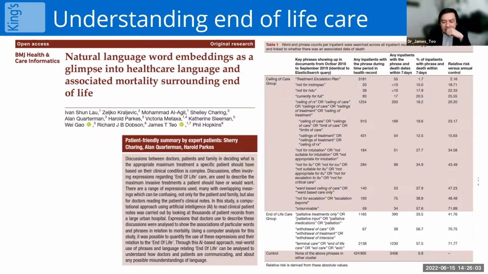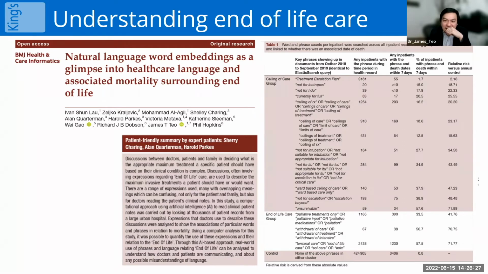And this obviously is a sensitive area, and we had expert patients heavily involved throughout this conversation, and they were actually authors as well in the paper. And as you can see, these are what we would call ecologically valid phrases. These are not what is decided by a Royal College or a standards body.